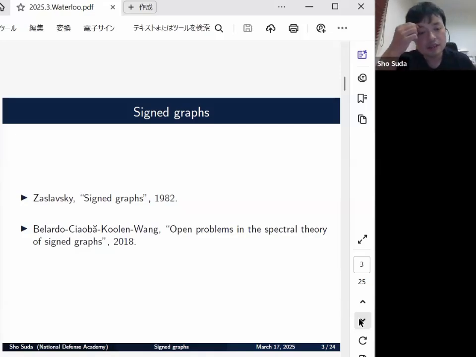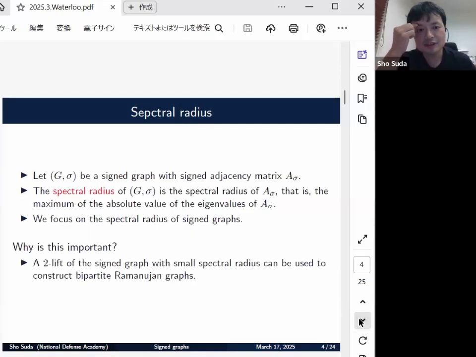In this talk, I'm going to think of the spectral radius of the signed adjacency matrix. Throughout this talk, for a signed graph G sigma with signed adjacency matrix A sigma, we consider the spectral radius of this signed adjacency matrix.